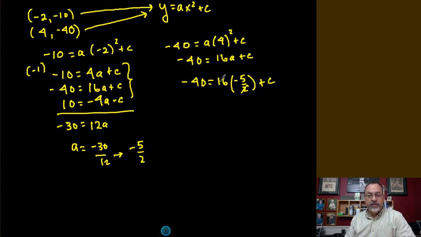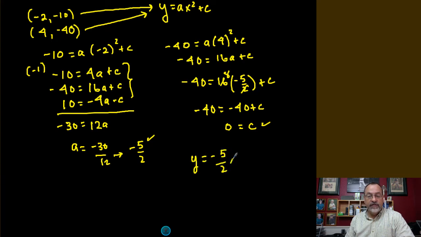The 2 and the 16 reduce, so this is -40 is equal to 8 times -5, which is -40 plus c. Solving for c, c is 0. So I have my a value and my c value, and I simply substitute these into the expression. The a value is -5/2 x squared, c is 0, so I don't need to write it. So this would be the equation that goes through these 2 points.